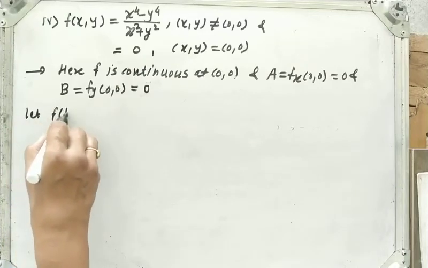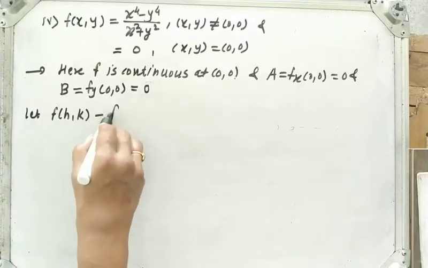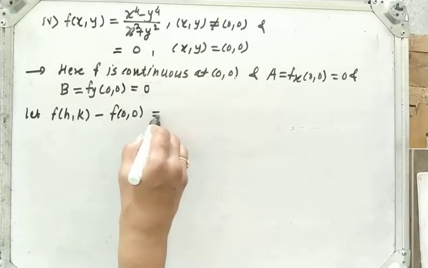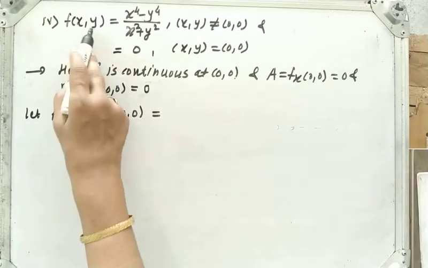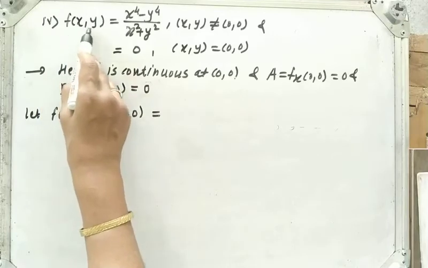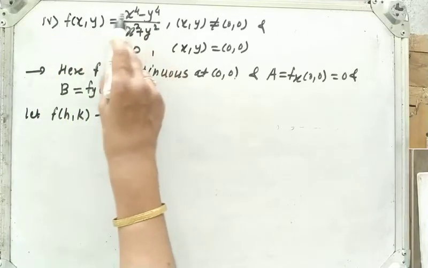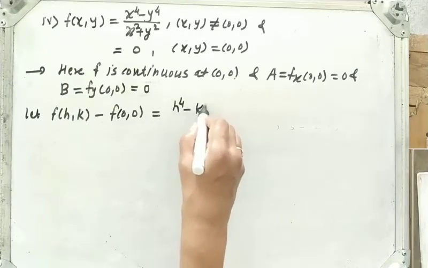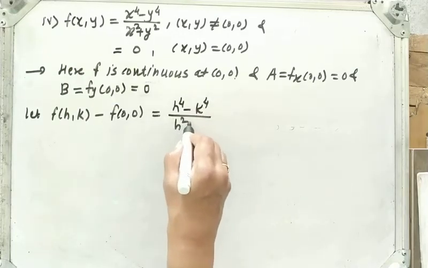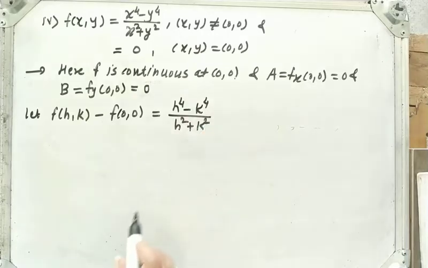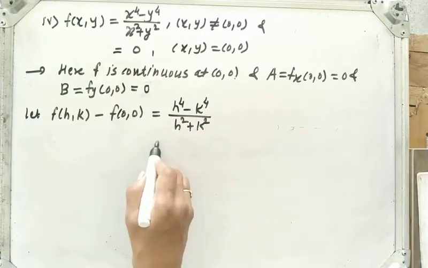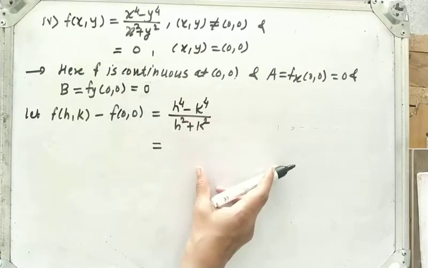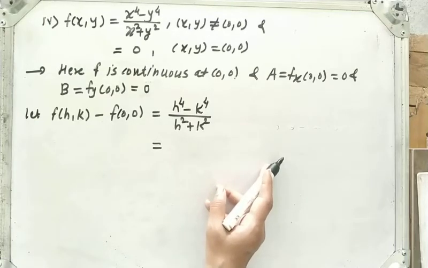Let f of h, k minus f of 0, 0 is equal to, what will be f of h, k? Here f of x, y is given, from that we can calculate f of h, k. That will be h raised to 4 minus k raised to 4 upon h square plus k square. Okay. Now this equation we can write. What was the right hand side of the equation of differentiability?